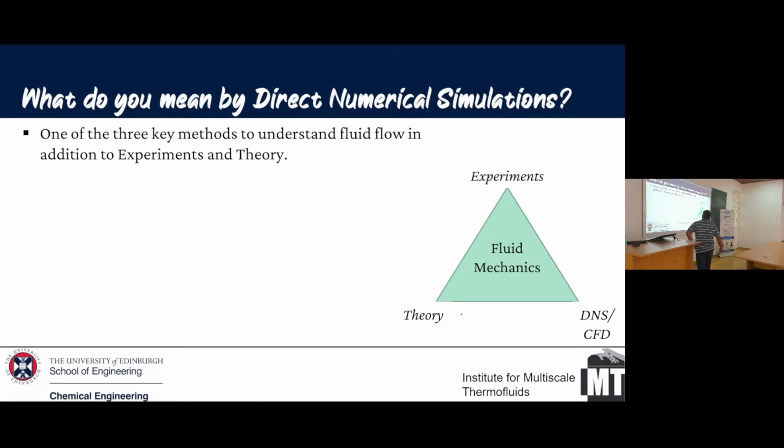Then, of course, there is another arm to this: theory. We have seen a lot of theoretical modeling in the past week. You can do stability analysis, lubrication, and other things as well. But then you also have DNS. These are numerical solutions of the fluid mechanics equations.